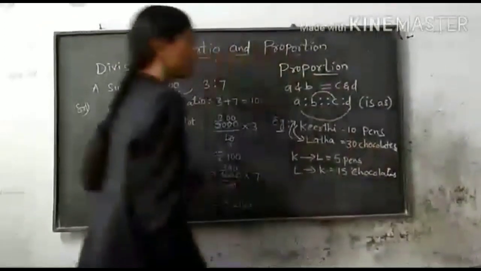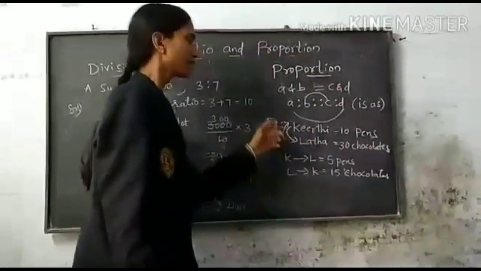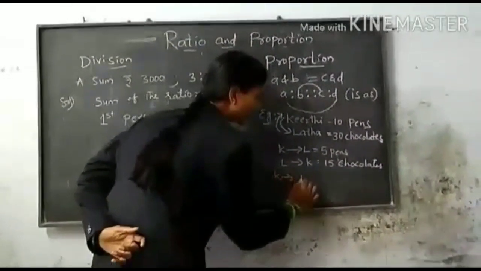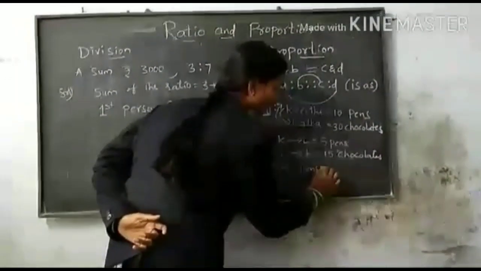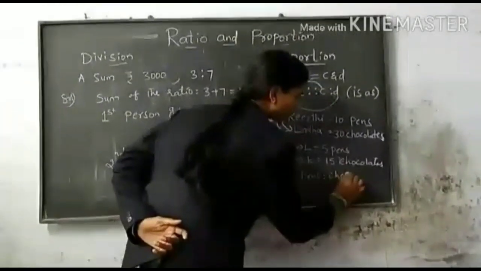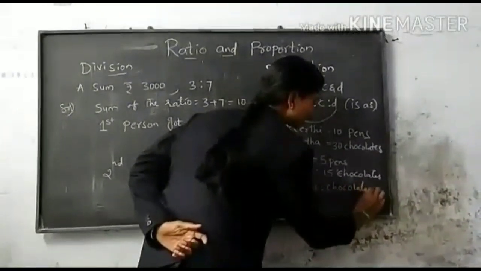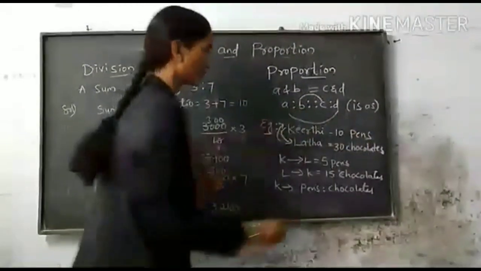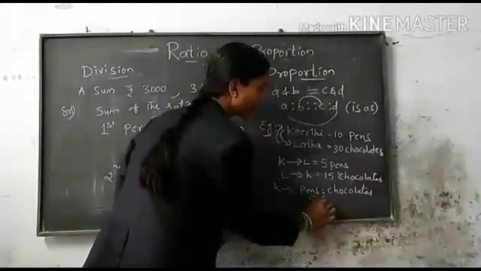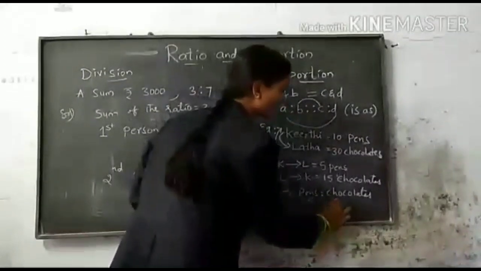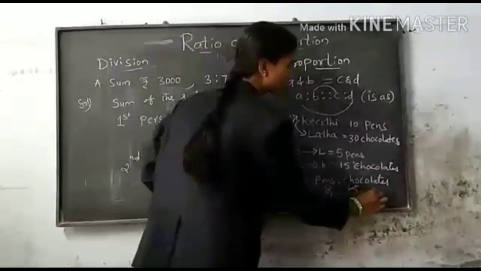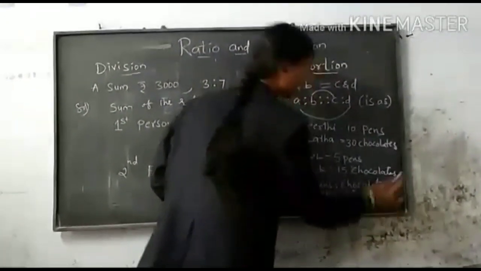Now the ratio of Kirti's pens to chocolates is, with Kirti now only 5 pens and 15 chocolates. 5 ones are 5, 5 threes are 15. So the answer is 1:3.